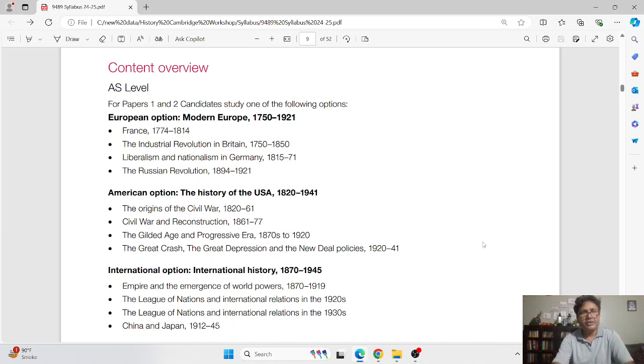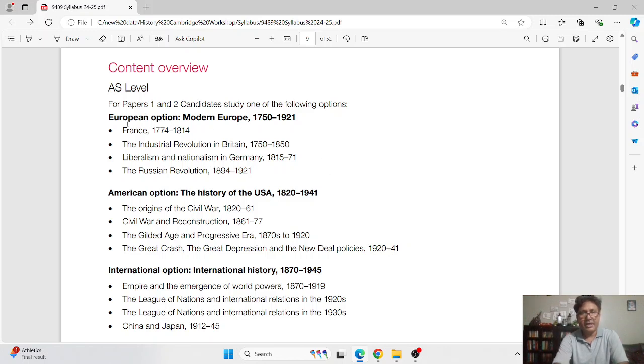We are going to start the AS and A Level History syllabus 9489. We have three options: the European option, the American option, and the international option. A candidate is supposed to opt for any one of these three options in order to cover Paper 1 and Paper 2.